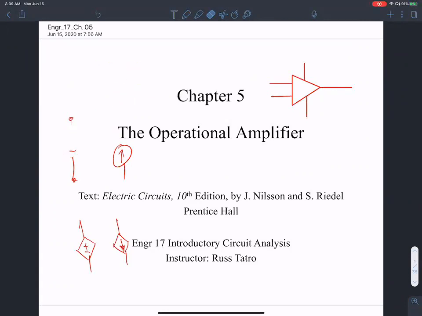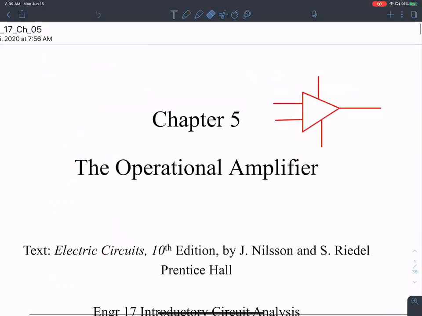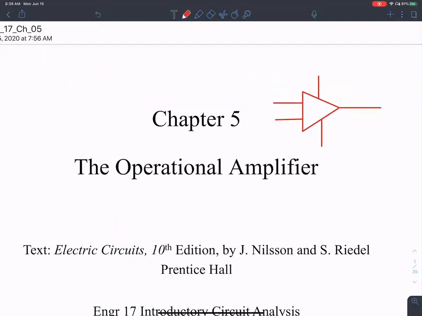Okay, but this guy is different in the sense that this is an operational amplifier. This is an amplifier. There are 2 inputs. Okay, and then there is a power supply, positive power supply, and a negative power supply. Sometimes this guy is connected to ground.